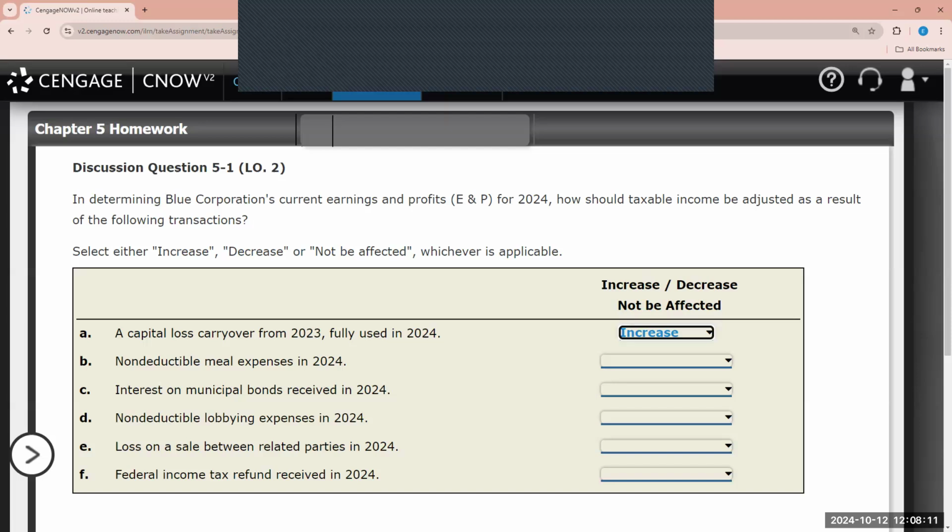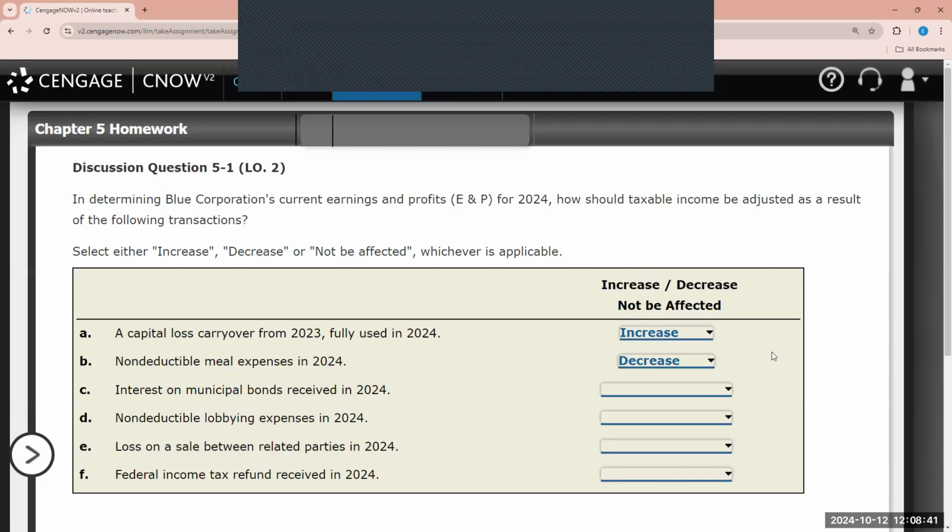So again, for tax purposes, the meal expenses are only subject to 50%. But if we think about it from the capacity of the corporation being able to pay dividends, which is generally in the form of cash, they paid for the expense. Therefore, that ultimately decreases the amount of cash that the corporation has available. So this would decrease the E&P.